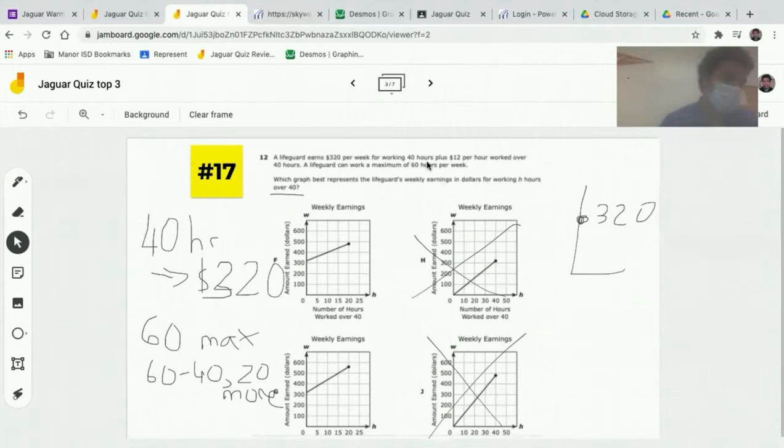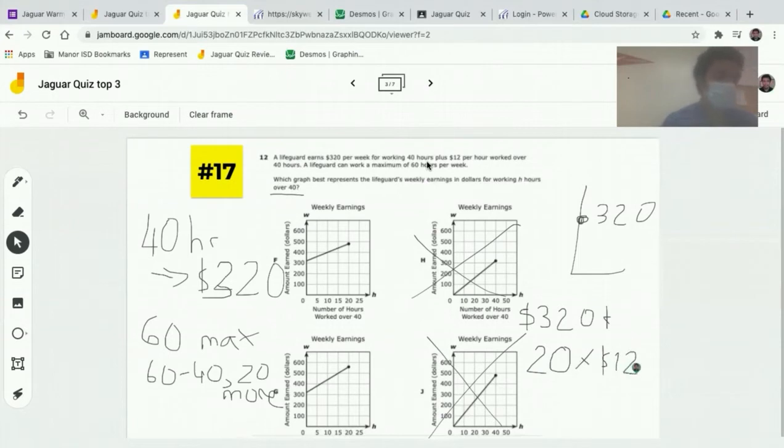So the way that I thought it would make sense to look at the answer between F and G is you could calculate the maximum amount that he or she could make. So the maximum amount would be working an extra 20 hours for a total of 60 hours. So let's take the initial amount, the $320 plus 20 hours times the hourly rate of $12 an hour.